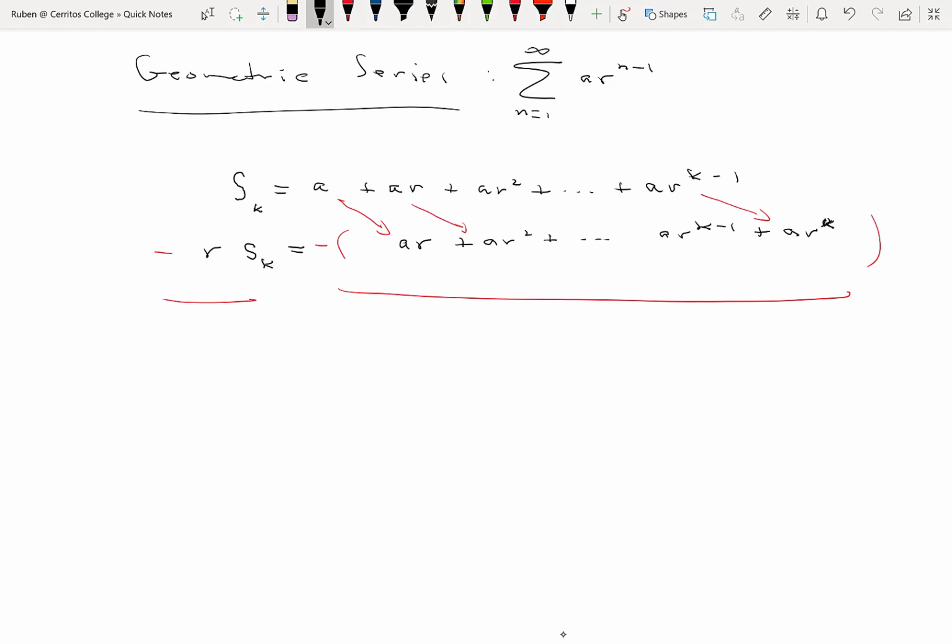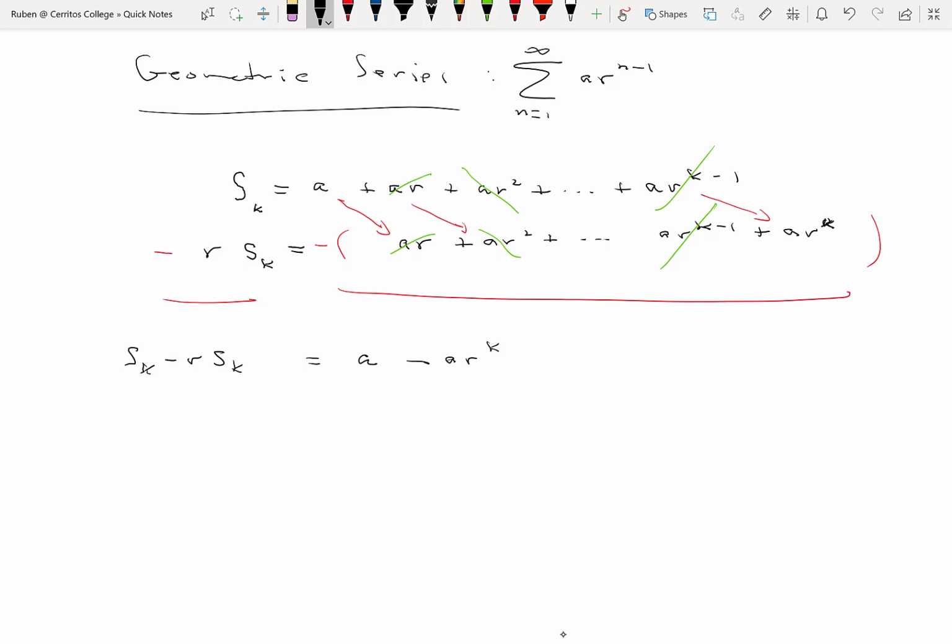Well, what is the left-hand side? It's S sub k minus r times S sub k. The right-hand side, almost everything cancels out. I have a, and then ar minus ar cancels. Ar squared minus ar squared cancels, all the way up to ar to the k minus 1 minus ar to the k minus 1. Cancel, cancel, cancel, all the way up to minus ar to the k.